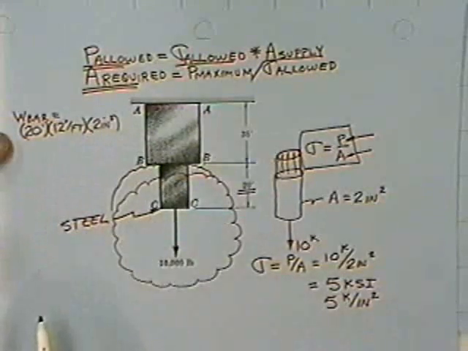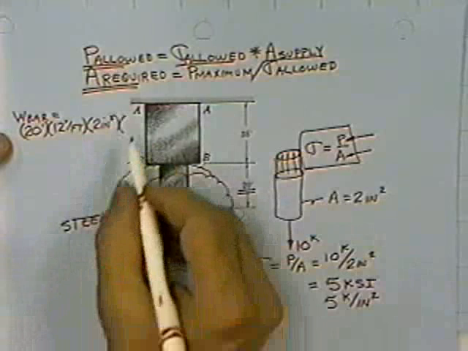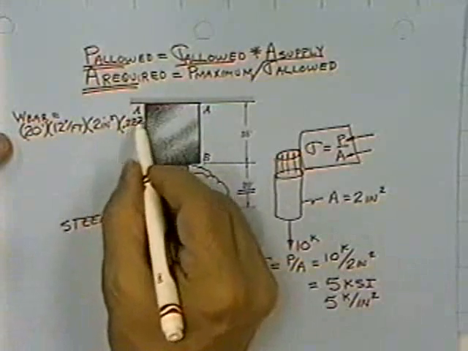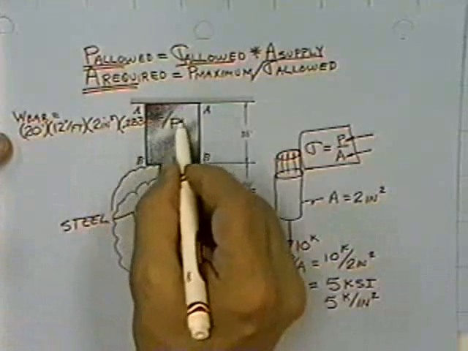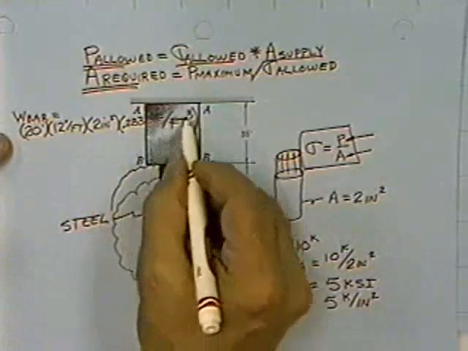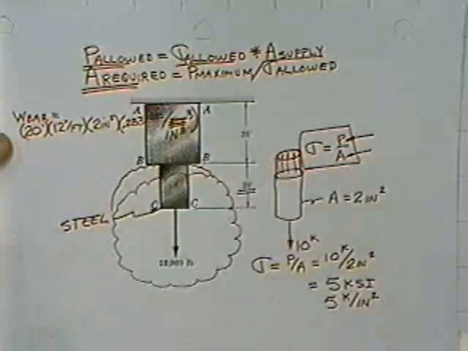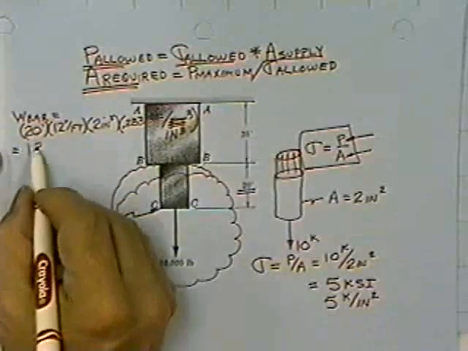So now we have the volume of steel. The cross-sectional area times this length gives me the volume. And then I multiply it times how much steel weighs, 0.283 pounds per cubic foot. Cubic inch. Thank you, Kelly. I knew I was paying you for something here. Per cubic inch. And is that already calculated? 136 pounds. Thank you.